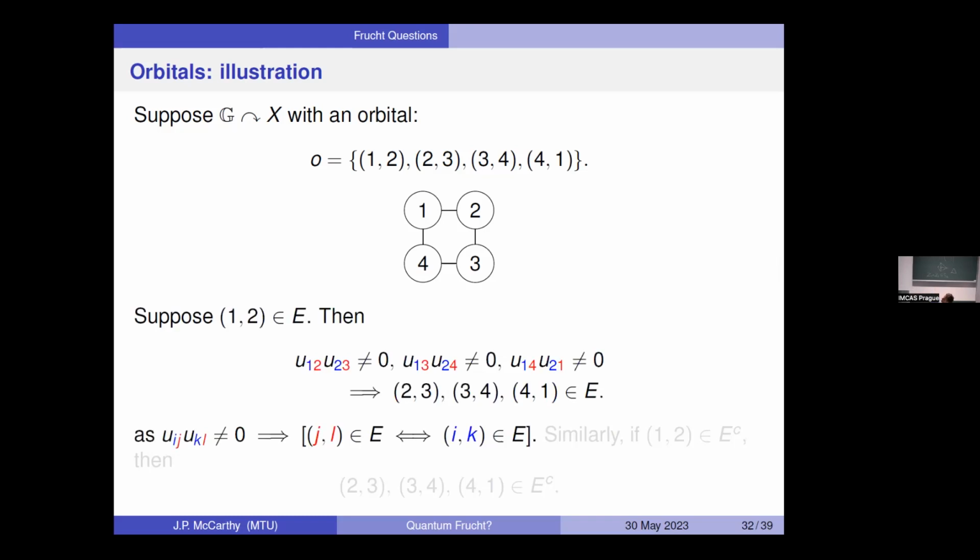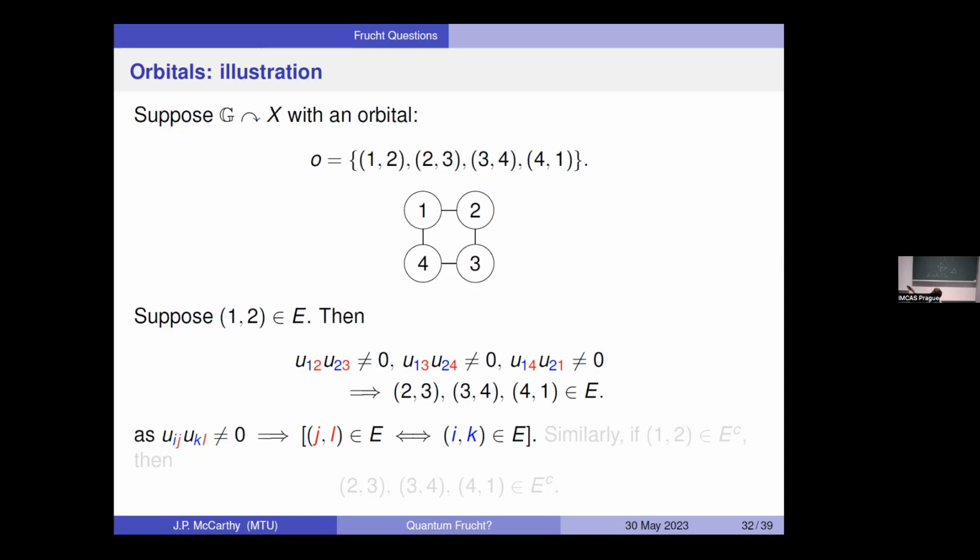So suppose 1, 2 is in the edge relation. So this isn't necessarily a subgraph yet, but if 1, 2 is in the edge relation, that this is an orbital means that this is non-zero, this is non-zero, this is non-zero, and so 2, 3 must also be there. 1, 2 is in the edge relation, so 3, 4 must also be there, and 4, 1 must also be there.